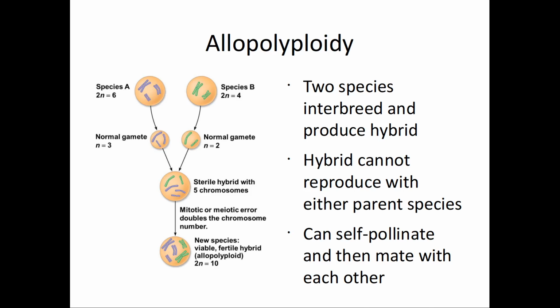Typically with mammals and animals, they can't form successful or viable gametes, and they can't produce viable offspring because of that. And with plants, this can result in viable offspring through vegetative propagation and then self-pollination as well.